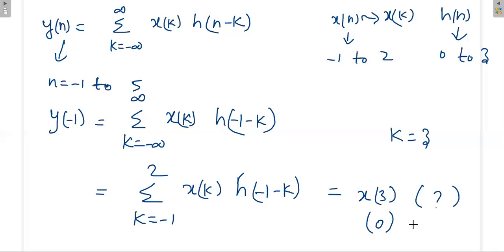Whatever the value here, I will be getting 0. That's why my k value will always be between -1 and +2. It's very simple: k varies over the range of x of n, because we are mapping x of n as x of k. So we can directly put the k variation from -1 to +2.